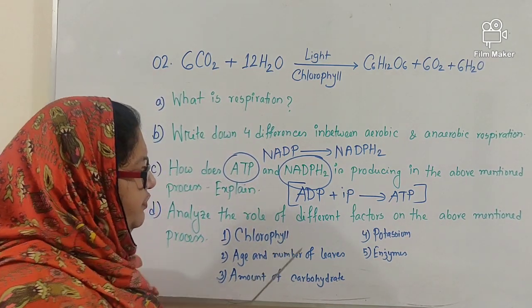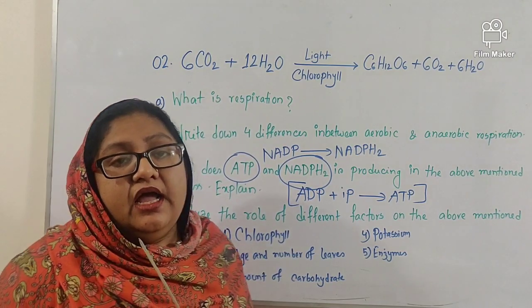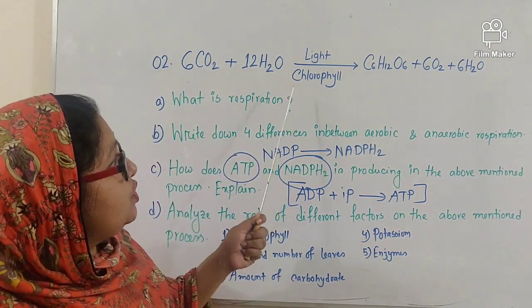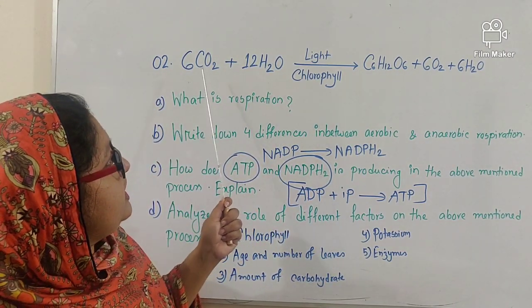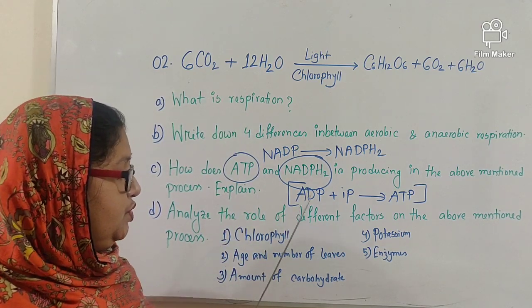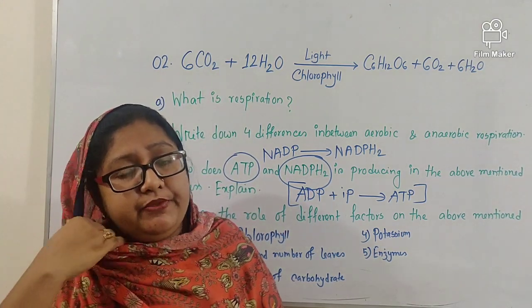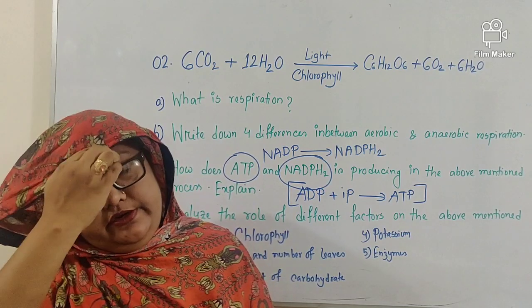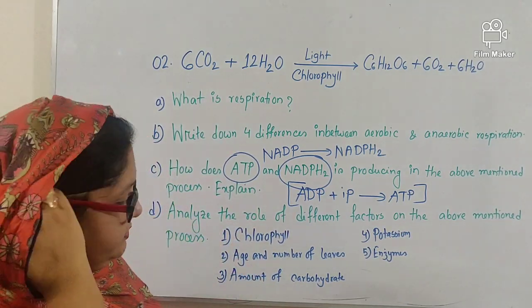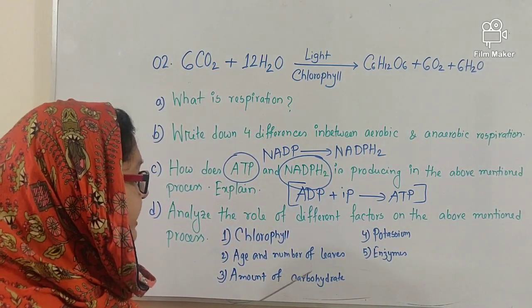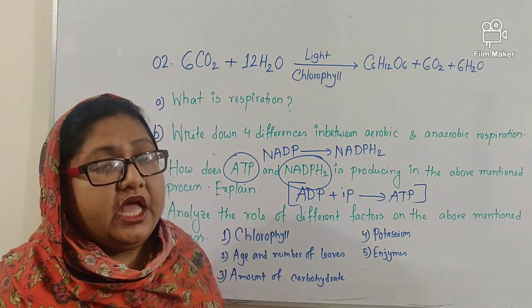Now, first of all, chlorophyll. As I have told you, chlorophyll plays a very important role in photosynthesis. So, in presence of chlorophyll, the rate of photosynthesis will be higher. And the second point is number of leaves.